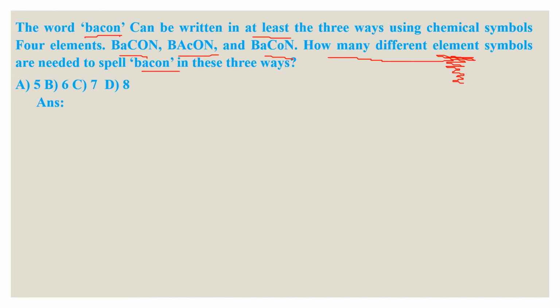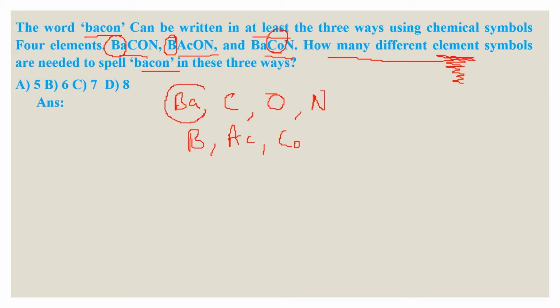We'll see. First one is barium, second is carbon, third is oxygen, then nitrogen, then boron, next actinium, and next cobalt, Co. So in total, how many elements are there?